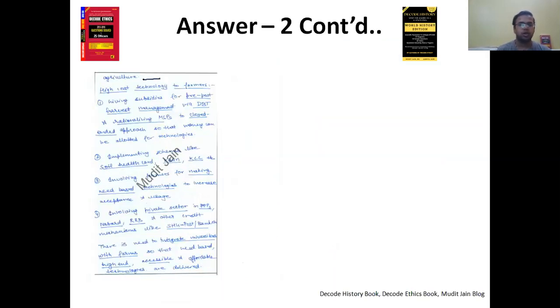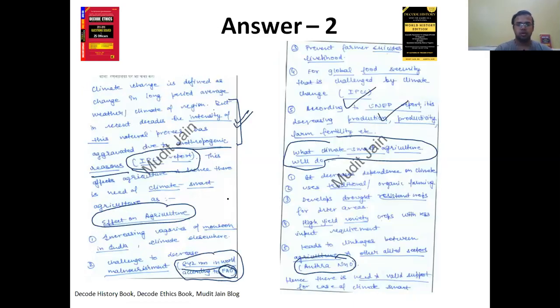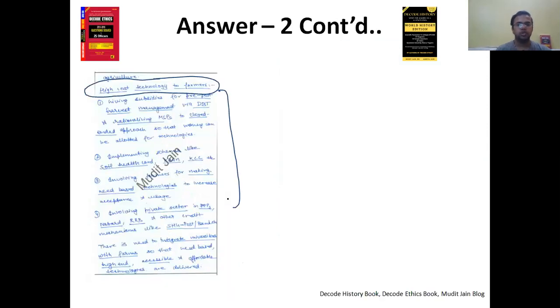Lastly, I have dealt with the third part of the question. I have made a separate heading for it, and I have written 4 points here, 5 and 5. 14 points in my answer. Apart from reports, facts, introduction, I have used schemes to very good effect in this point, like DBT, rationalizing of MSPs, soil health card, Kisan Credit Card, need-based technologies, PPP, RRB, SHG, Post Bank, etc. So I am making use of current affairs here, here, and here, while I am making use of static knowledge here.